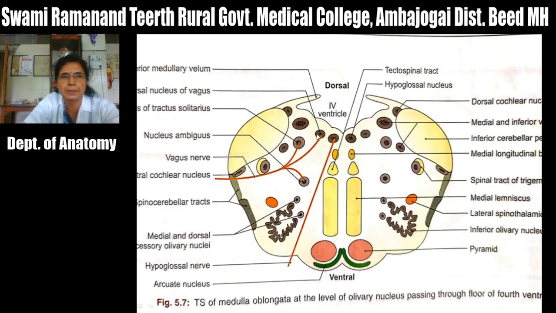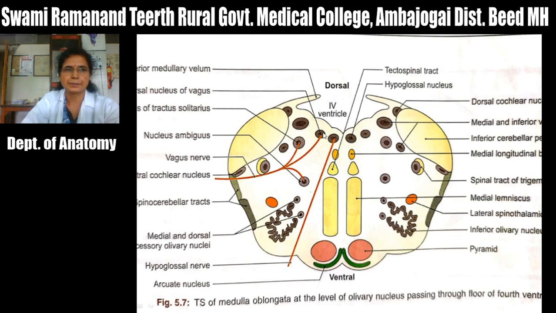It receives descending autonomic fibers, mainly from the hypothalamus. Efferents of this nucleus pass through the vagus nerve and supply the muscles and glands of the respiratory system and GIT, and also the muscles of the heart. That is the dorsal nucleus of vagus.